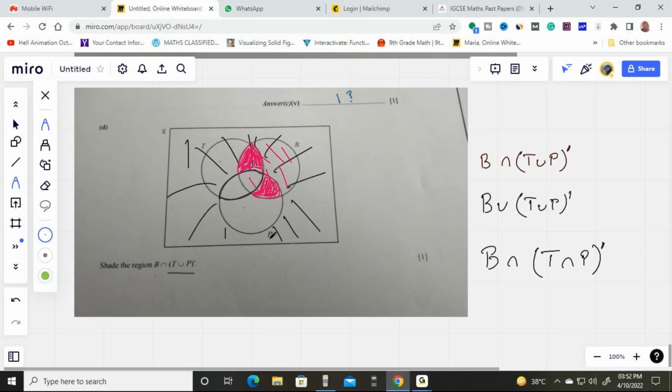This is also the section that contains T intersection P whole complement.